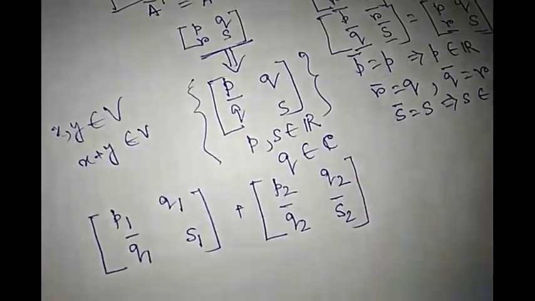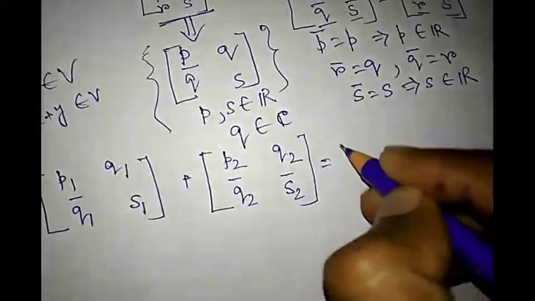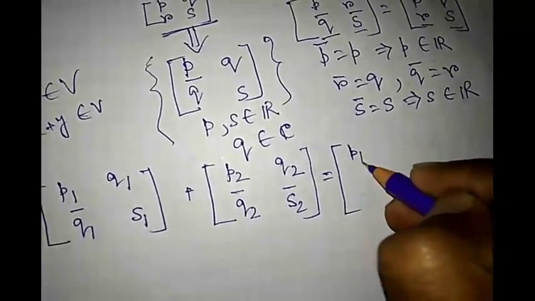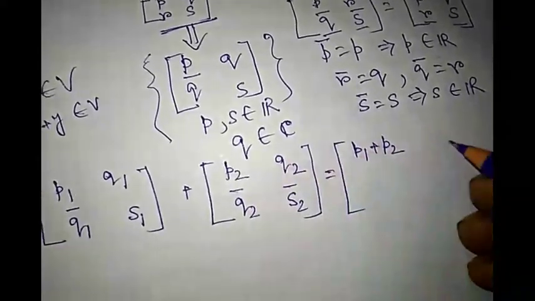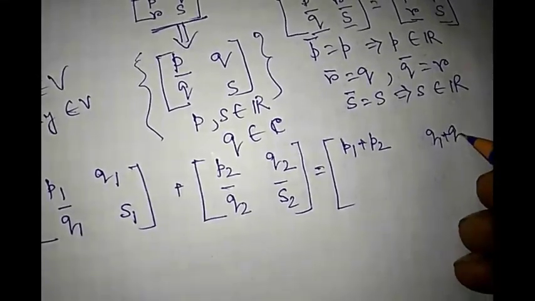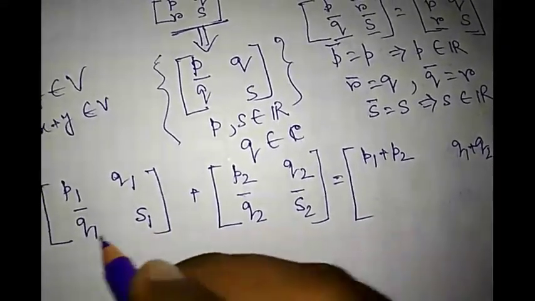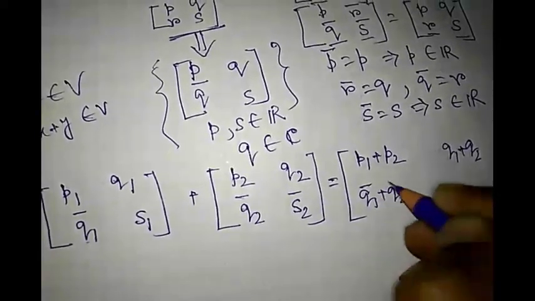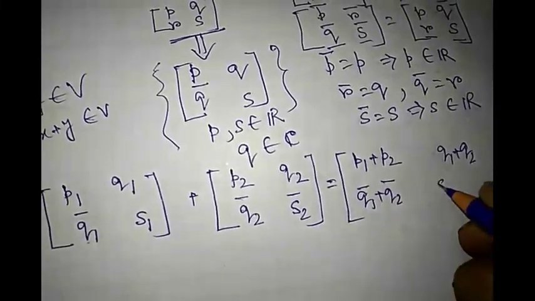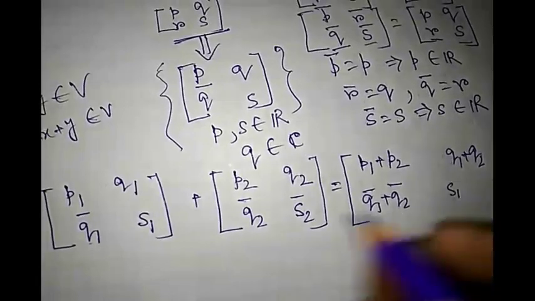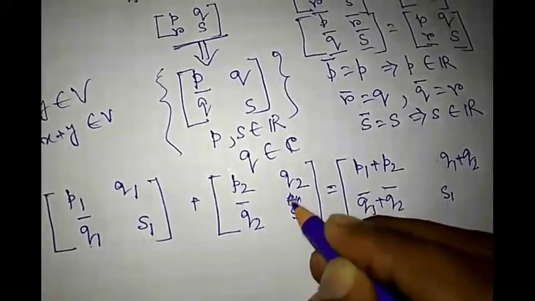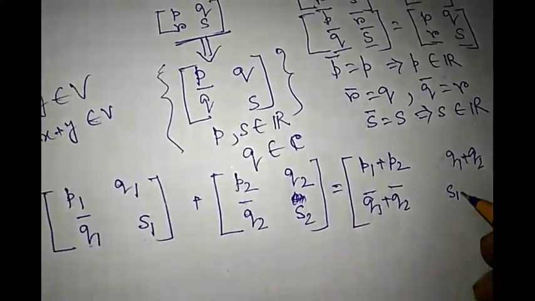What will be the sum of these two matrices? The sum is P1 plus P2, Q1 plus Q2, then Q1 bar plus Q2 bar, and S1 plus S2.